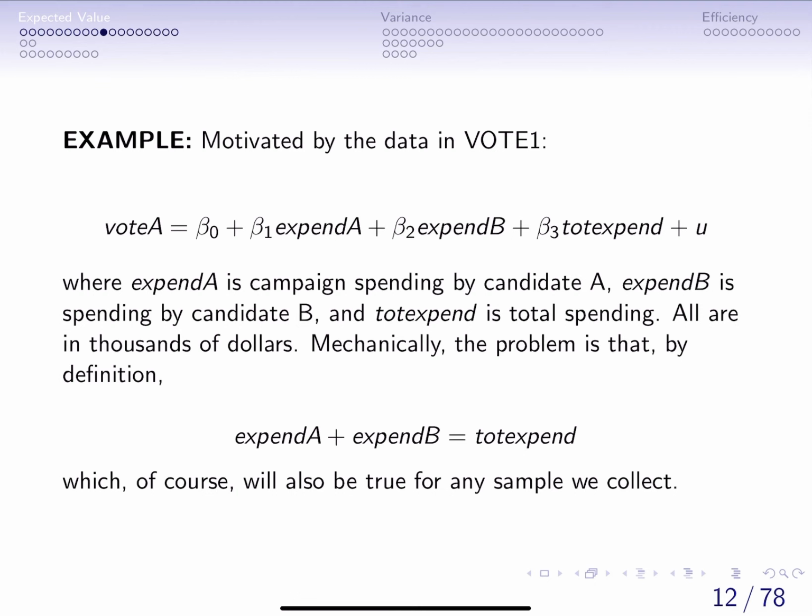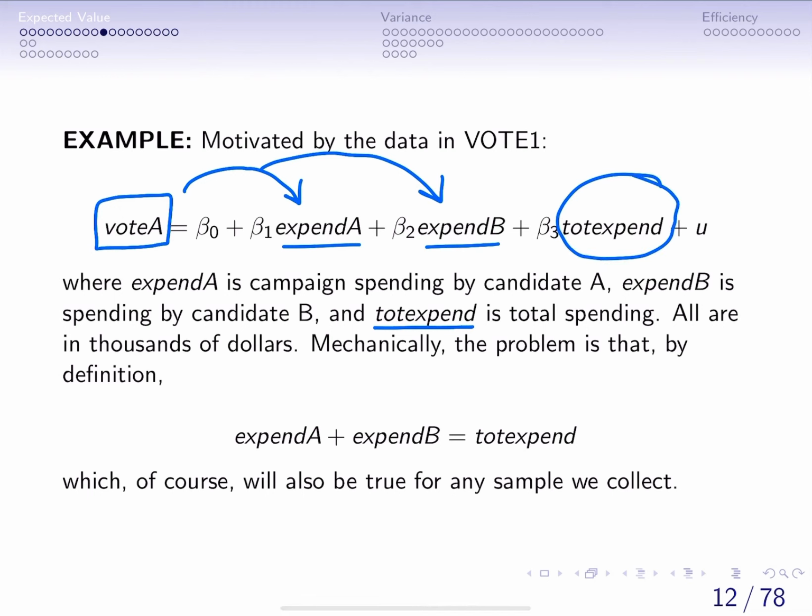You also want to avoid situations where you can pin down a variable based on another variable. I think we've taken this example in chapter 2 where we're saying that the vote for candidate A is dependent on the campaign expenditures for candidate A and campaign expenditures for candidate B. If there were only 2 candidates running, then total expenditure is basically expenditure A plus expenditure B. So you want to avoid introducing something like this.